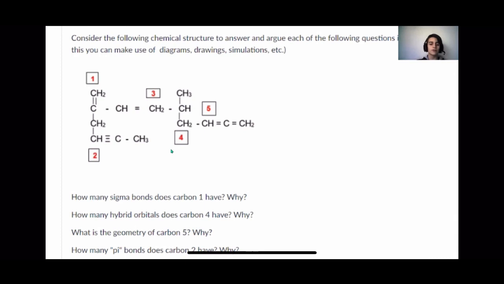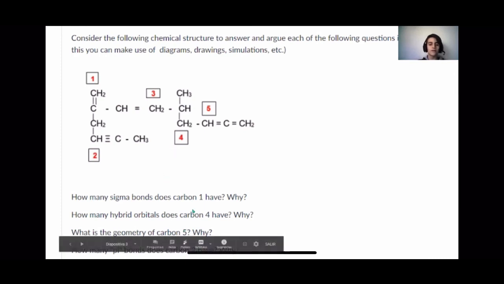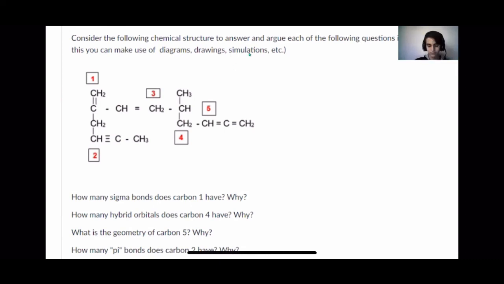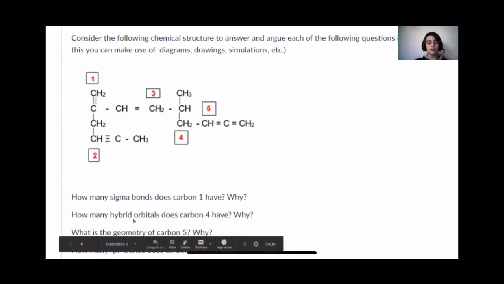The next question is what is the geometry of carbon 5 and why? It is trigonal planar. Here is carbon 5.